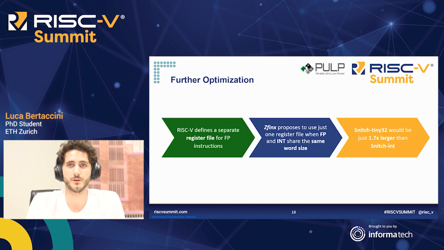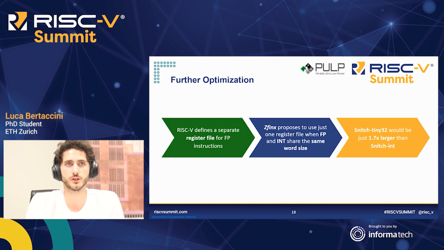Currently, there is a RISC-V task group, ZFinx, which proposes to use just one register file for both floating point and integer data whenever they share the same word size.